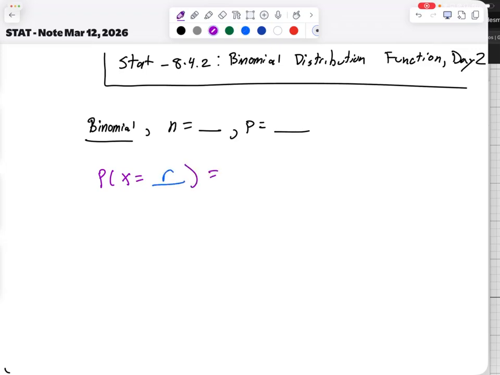And we have this formula: nCr, n comma r, p to the r times 1 minus p to the n minus r. I'll leave you some time to rewrite it. It's an ugly formula, but hopefully we all understand that it works and how it works.